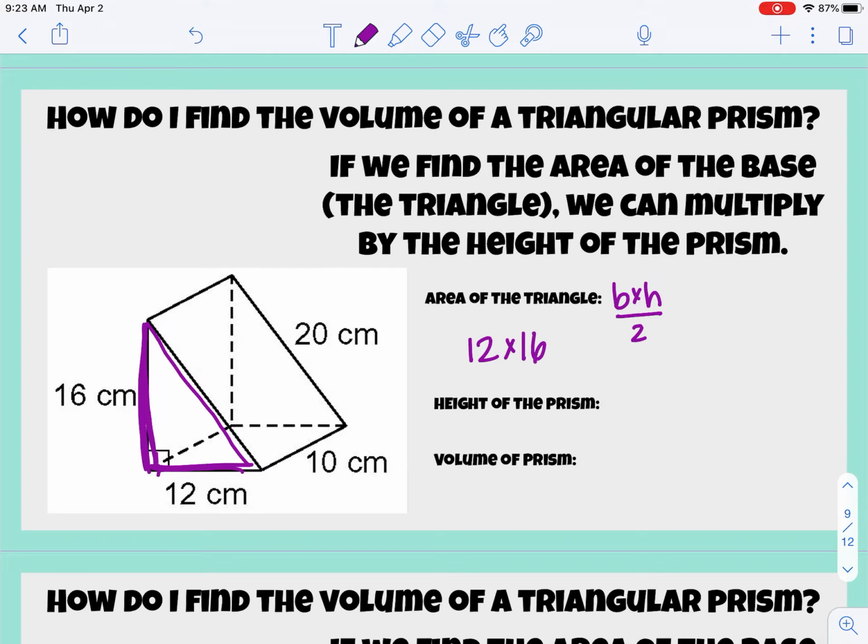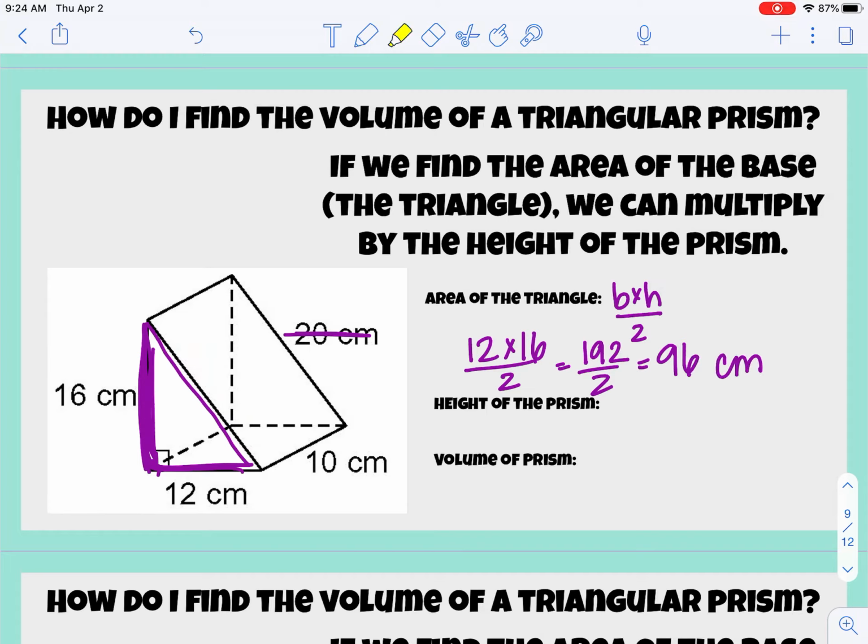One thing to remember here is your height has to form a right angle. So the height is not this 20 centimeters. And then we need to divide by 2. So let's do the math real quick. Looks like 12 times 16 is 192. And then divide by 2, and we end up with 96 centimeters.